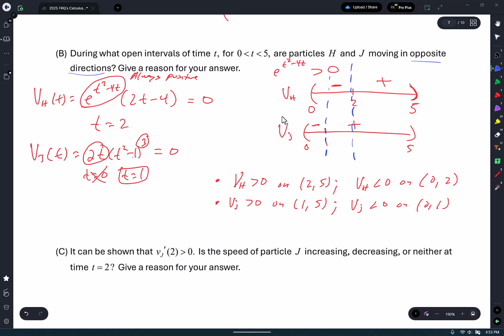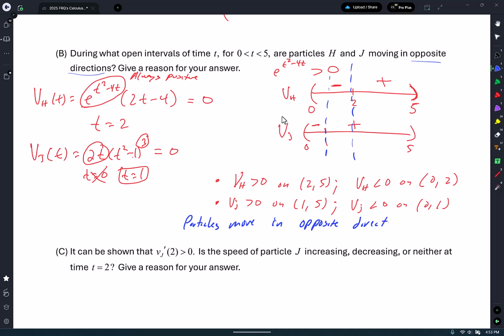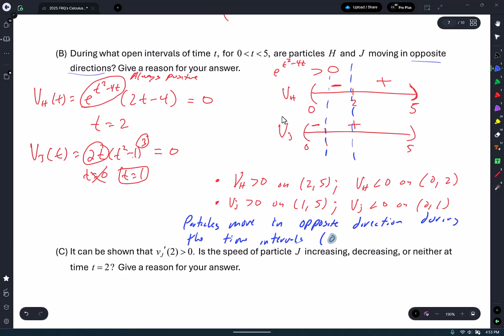So I'm going to write particles move in opposite directions during the time intervals, 0 to 1, comma, 1 to 2. And there it is.